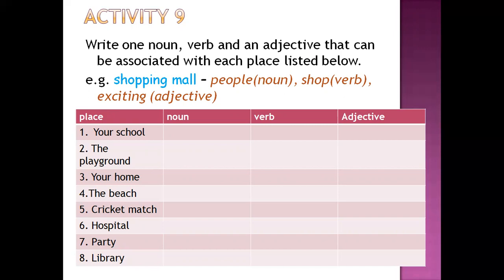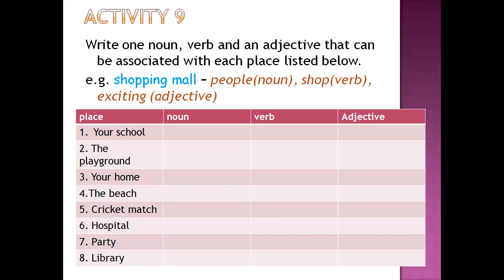Shopping mall means shopping complex. Can you find a verb in this shopping mall? You can say shop or buy, sell, chat also, watch, look. Yes, those are some verbs.